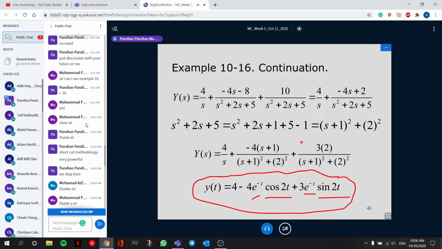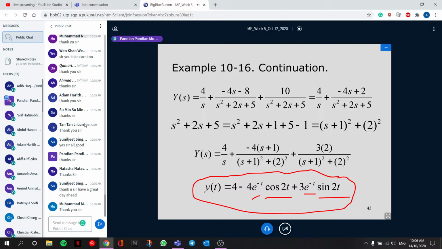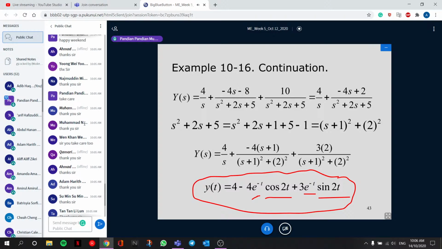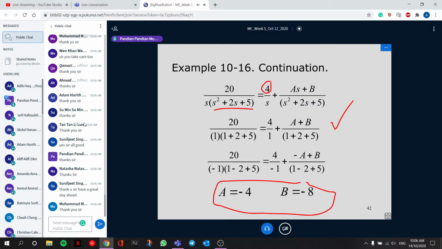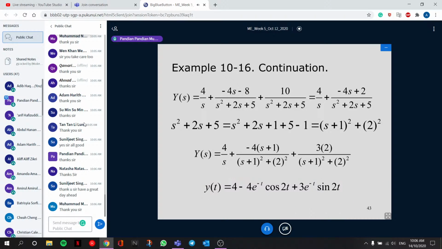You can take the snapshot of this. Very interesting problem, full of tricks. You take down this, not available via ULEarn, but you can take the picture of this. Take the picture of this and go back and try to solve. It's a good practice.